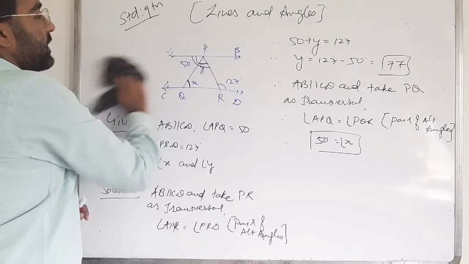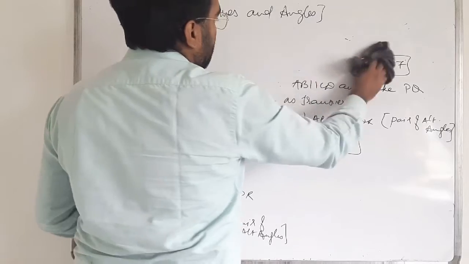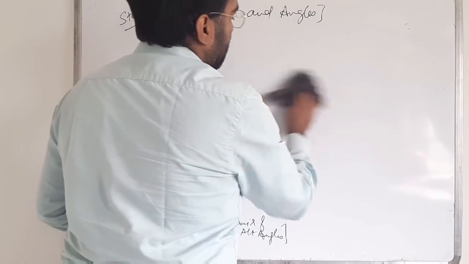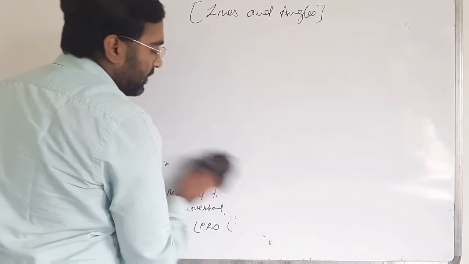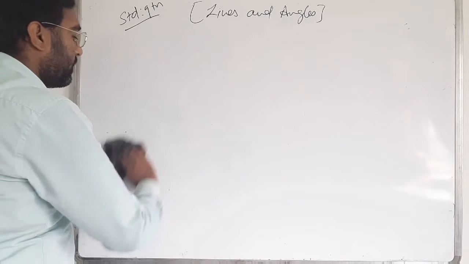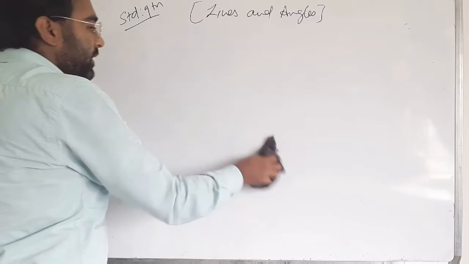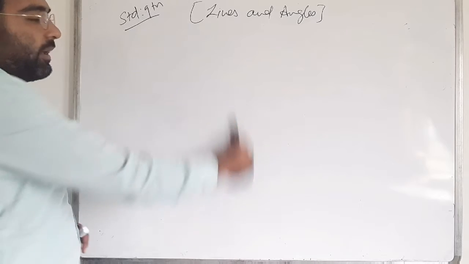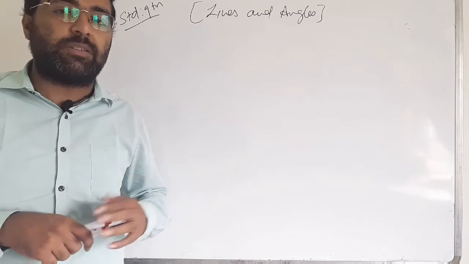Now we have to move to exercise 6.3. For exercise 6.3, first of all we have to see the concept of exercise 6.3. In that exercise, there are all kinds of concepts that you have learned till now in chapter 6, plus one more concept, the angle sum property, which is also included in this exercise.